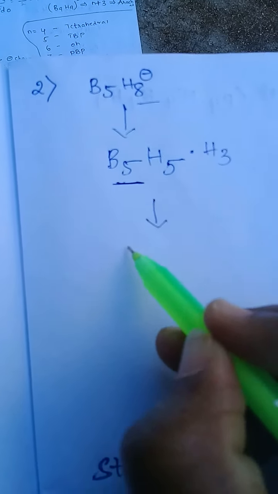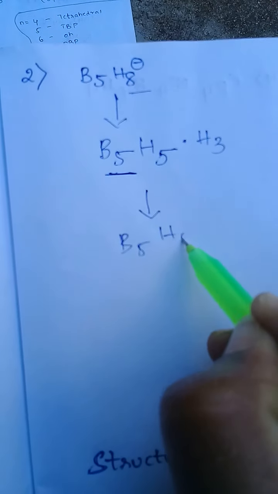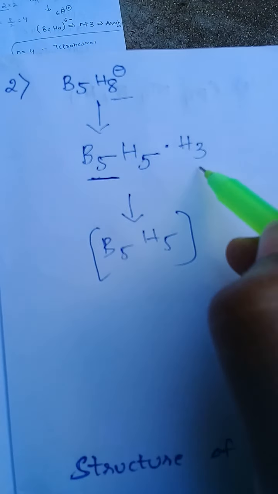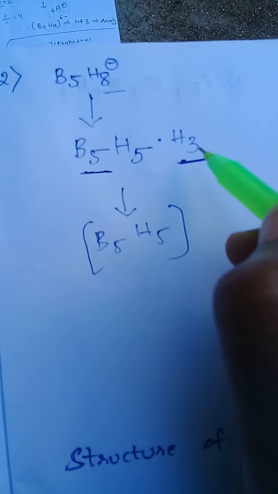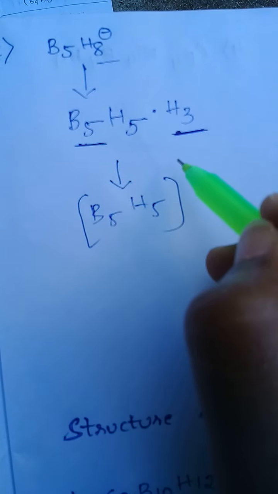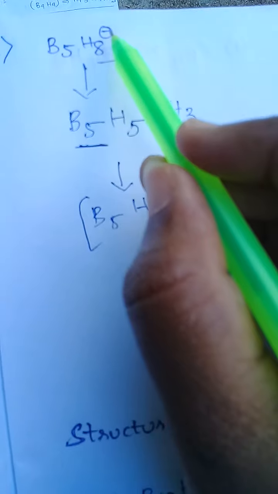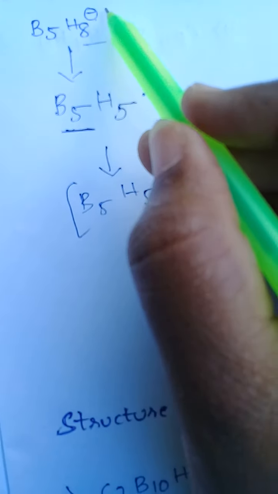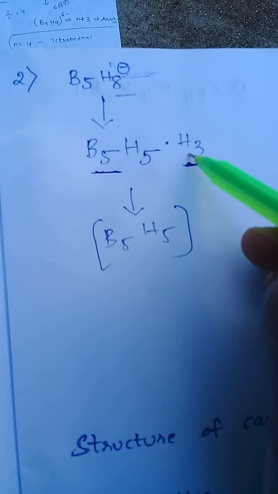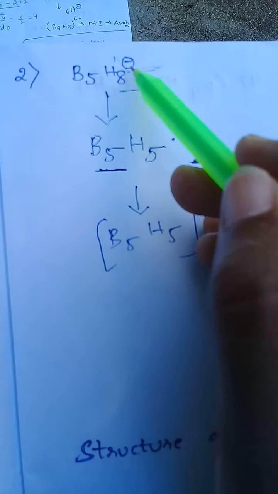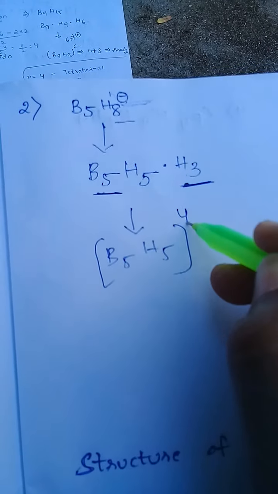B5H5, and these 3 hydrogens are written as charge 3 minus, and here we also have one extra minus. So in total, these 3 hydrogens plus 1 minus charge give 4 minus.